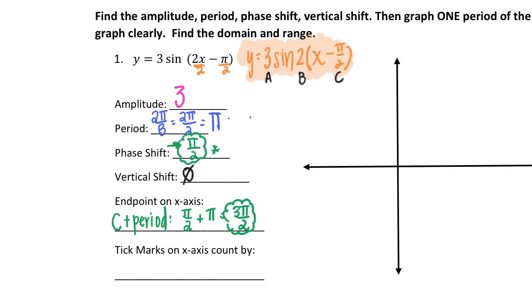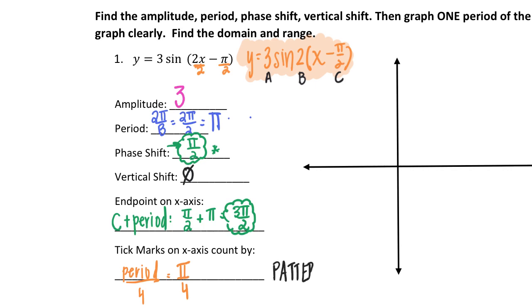To find what we count by in between there, you take the period and divide by 4. The period is pi divided by 4. That means from tick mark to tick mark, we're going to be counting by 1/4 pi. The last thing that I left off here, I need to put it back, but y'all are going to write it instead, is the pattern.